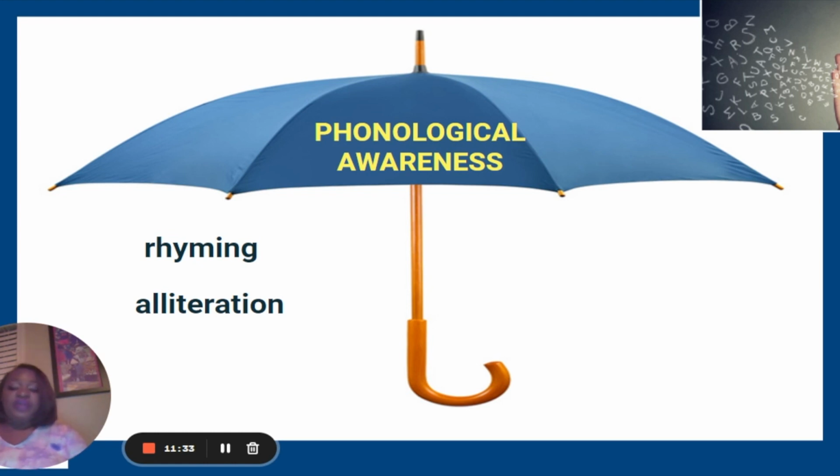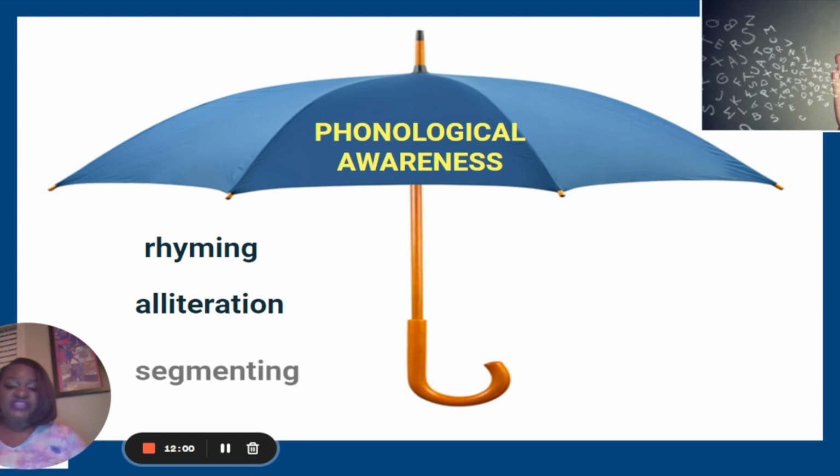There is one particular sound that is initiated in all of those words in that silly phrase. That is an example of alliteration. That is also a necessary skill for our students to practice when we are helping them develop phonological awareness.